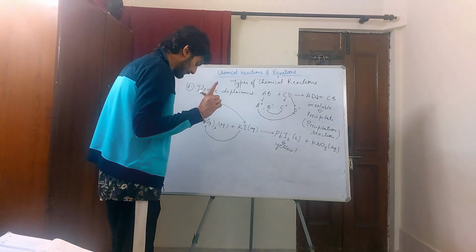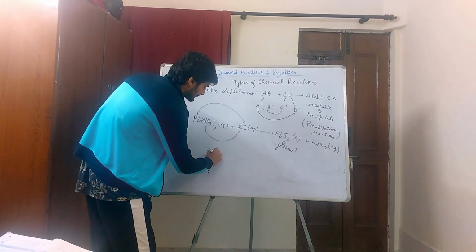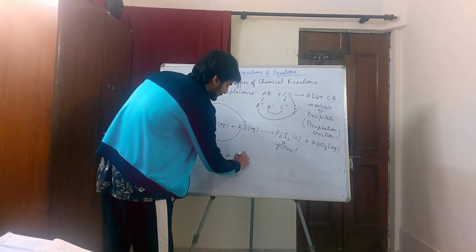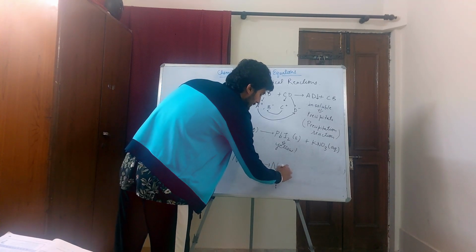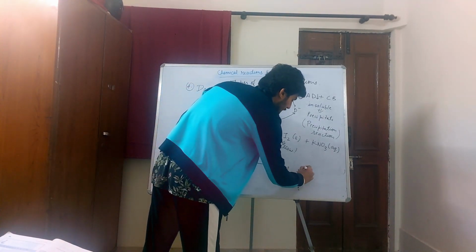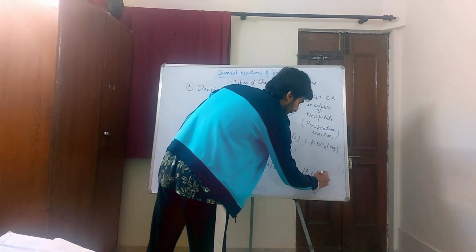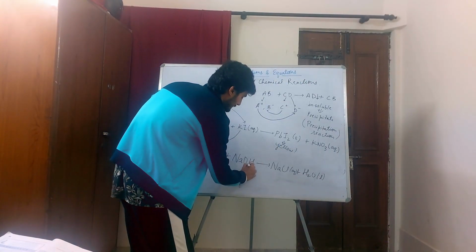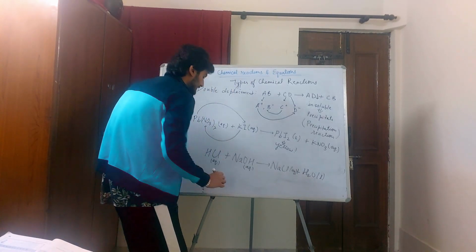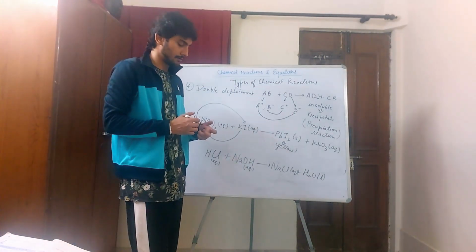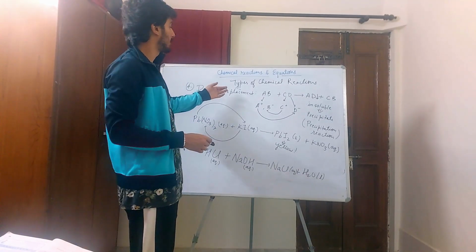One more example where a precipitate is not formed, still it is a double displacement. That is HCl plus NaOH gives me NaCl plus water. So here it is not in solid form, everything is in aqueous form. This is another example of double displacement.